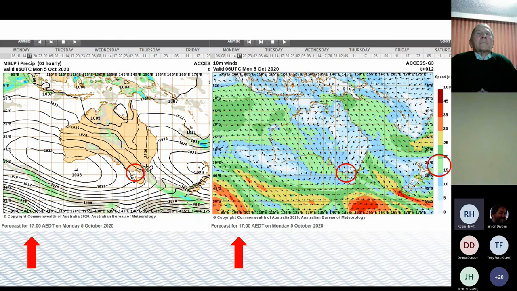And compare the two, the spacing there, and how you work out the wind directions from the isobars. You can study this and imagine what is actually happening here in order to arrive at the wind directions here.